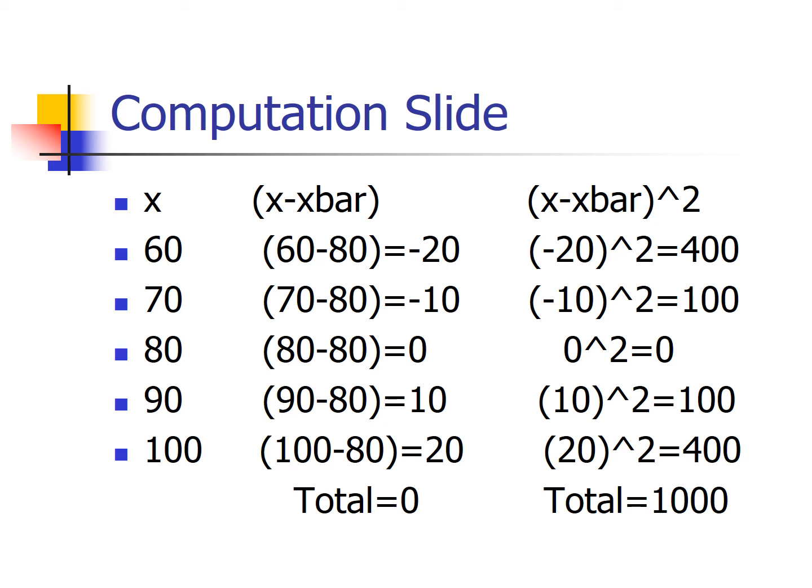Which means I get some negative and some positive numbers, and those negative and positive numbers tend to cancel one another out. In fact, they'll always perfectly cancel one another out, so we'll always get a 0. So if I wanted to look at the average distance an observation is from the mean, I always get the number 0, which is not informative. The problem is those negative numbers are canceling the positive numbers.